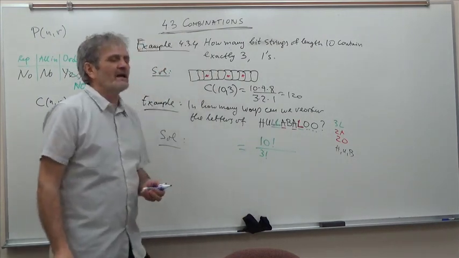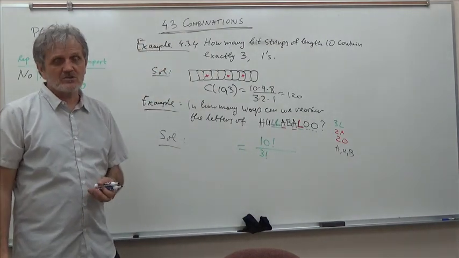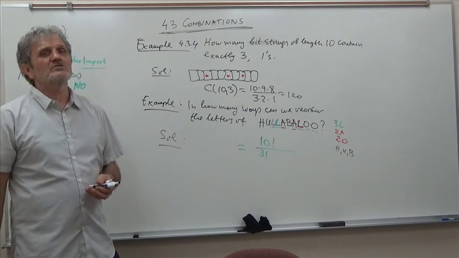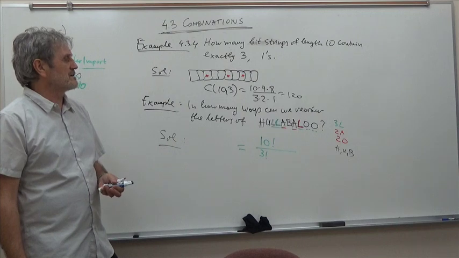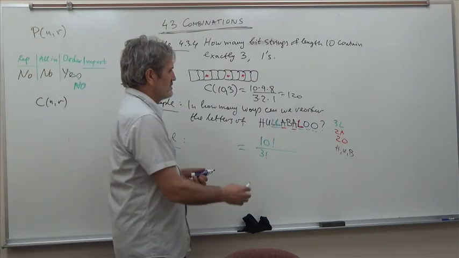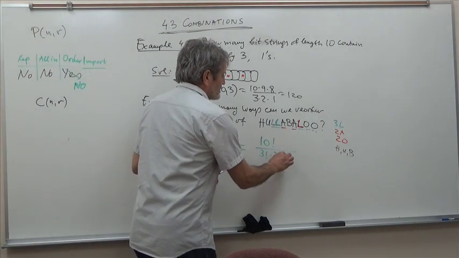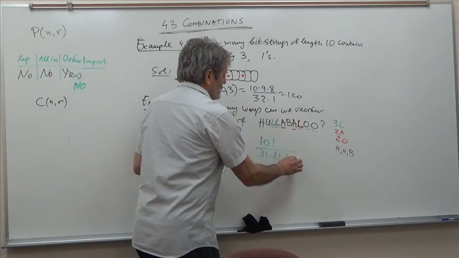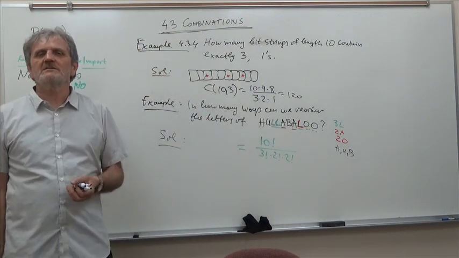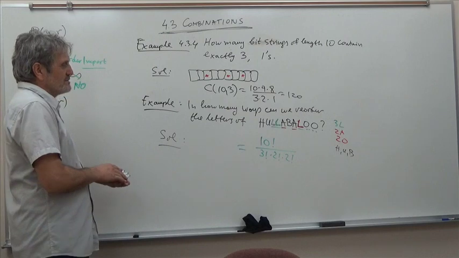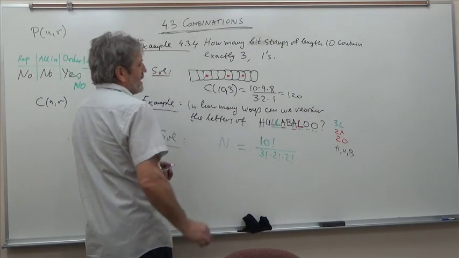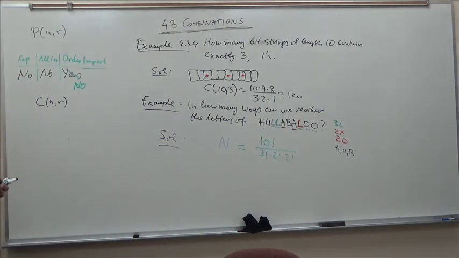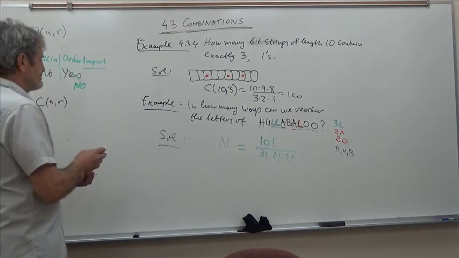So I have to divide, because I have 6 repetitions of each word because of the different ways I shuffle L's. The same thing for O's, so times 2 factorial. The same thing for A, 2 factorial. That's it. And that's the number. To have a complete sentence, here's the theorem.